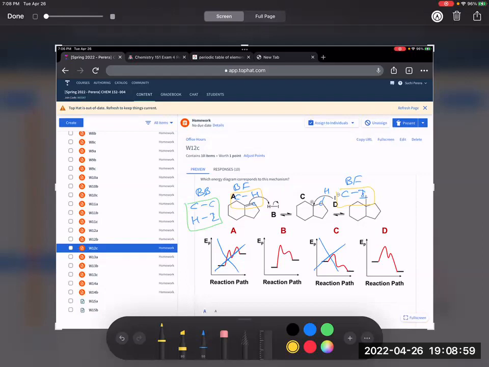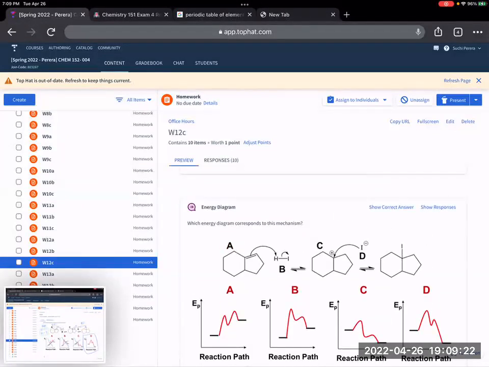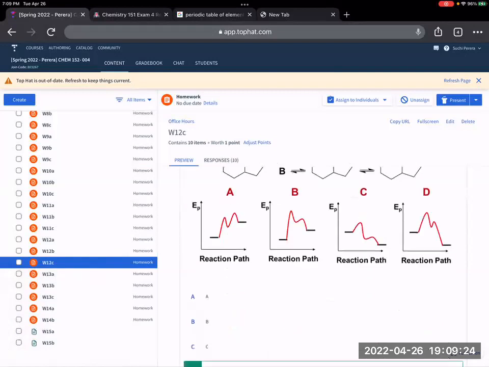Therefore, overall you're going from a higher potential energy to a lower potential energy, releasing energy, so it's an exothermic reaction. The exothermic reaction shown here is not B, it should be option D. Let's see if Top Hat agrees with us. So the correct answer for this question is option D.